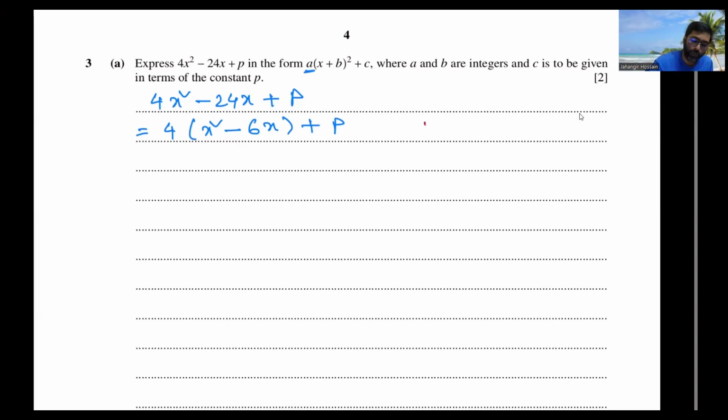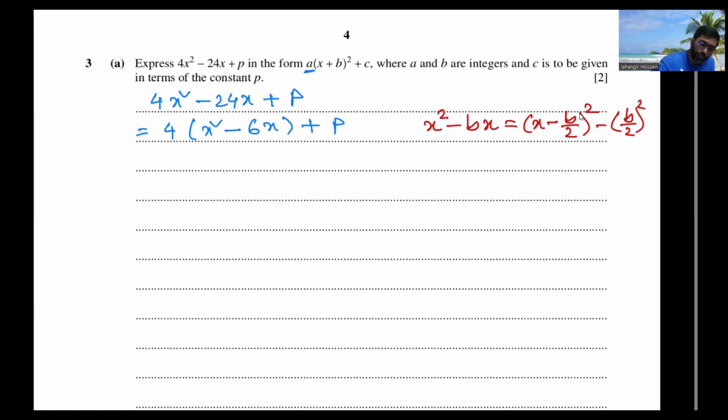Remember the formula for completing the square: if you have x square minus bx, you can use directly this formula: (x minus b by 2) whole square minus (b by 2) whole square. So here we need x square and x. That's why we took only 4 common from x square and x, not for the constant.